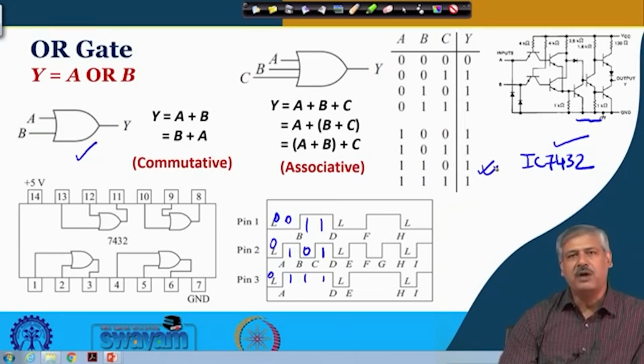And similar to AND, OR is also associative. That means whether you do B and C ORing first and then OR the output with A, or you OR A and B and then OR its output with C, the result will be the same.